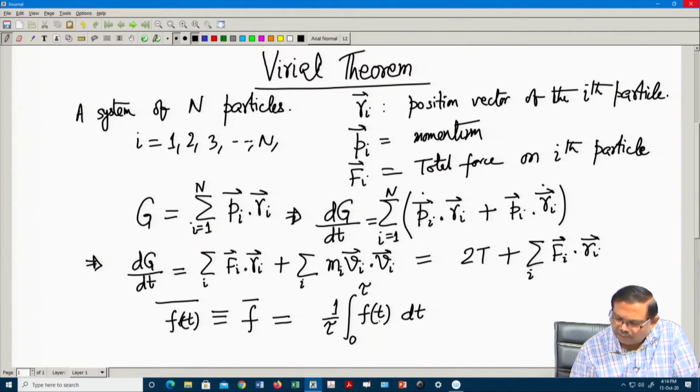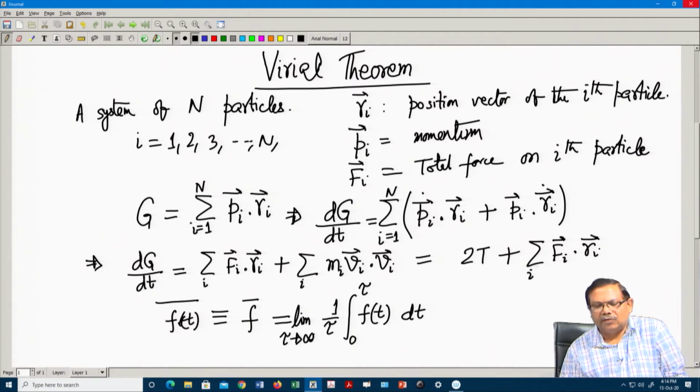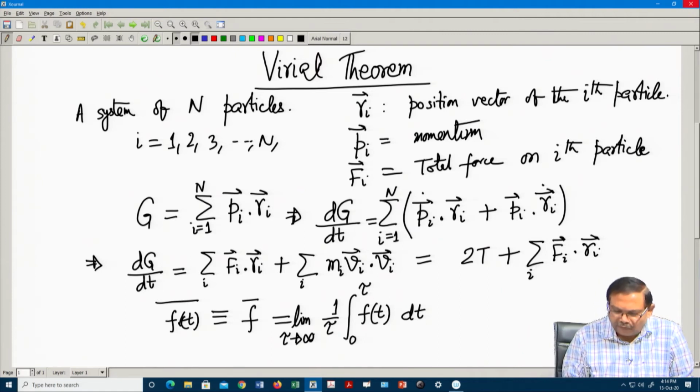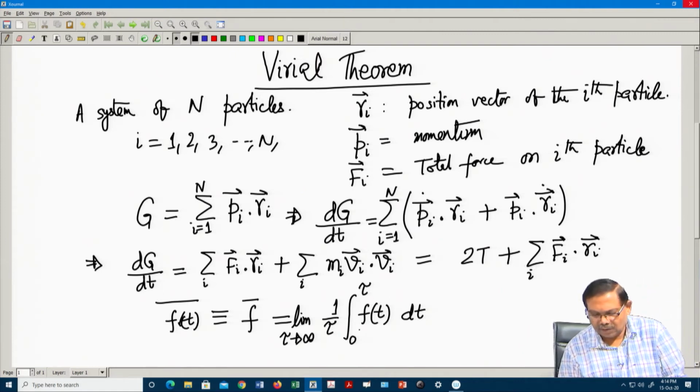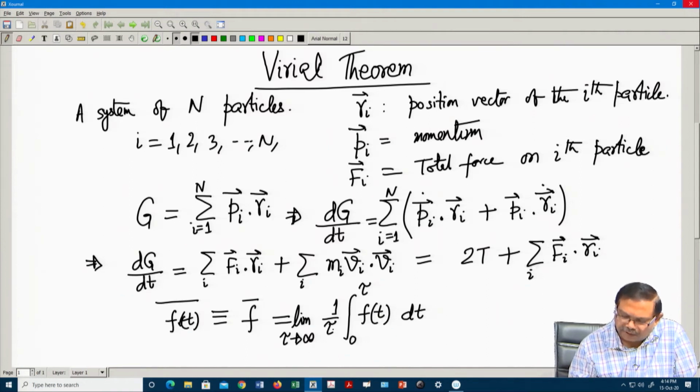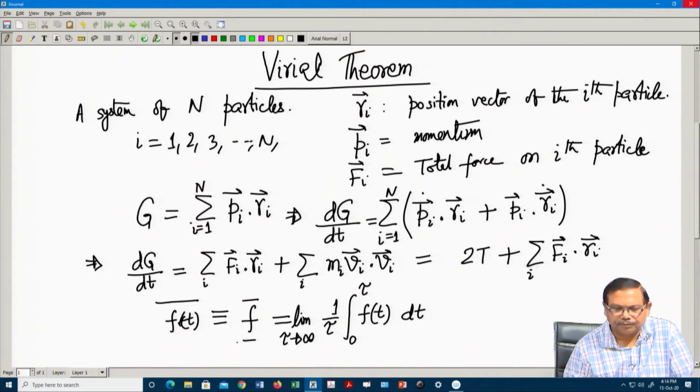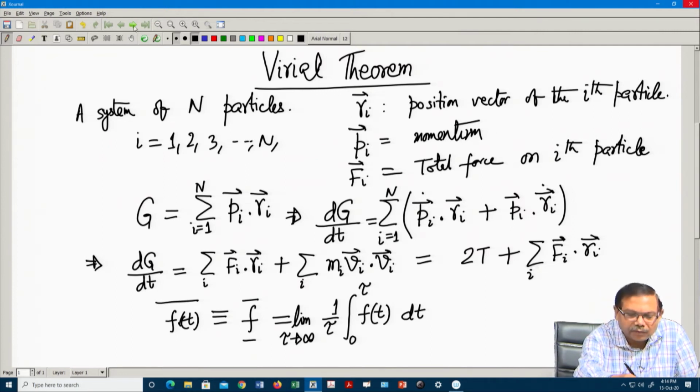So, if we take the integral of f(t) dt, dimensionally time has come in, so I have to divide by the total time, and in the limit the time is considered reasonably large, as time goes to infinity. If that is evaluated, that is what is called the time average of a quantity f. So, that is how we define it.